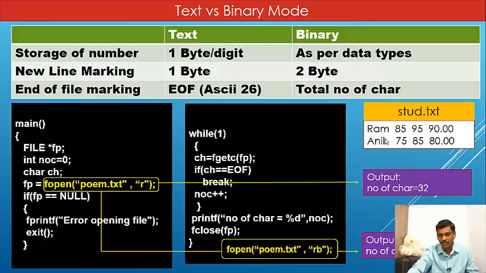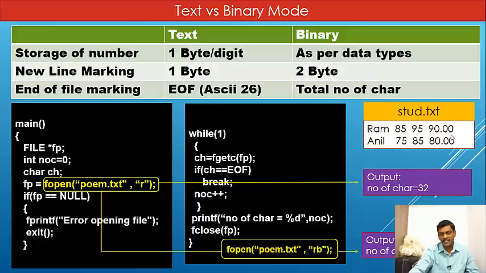How is it calculated? Because 90.00 is treated as float, so it occupies only 4 bytes. In binary mode, the storage of numbers is taken as per the data type size. So 90.00 is treated as float and takes only 4 bytes, but in text mode, it occupies 5 bytes.